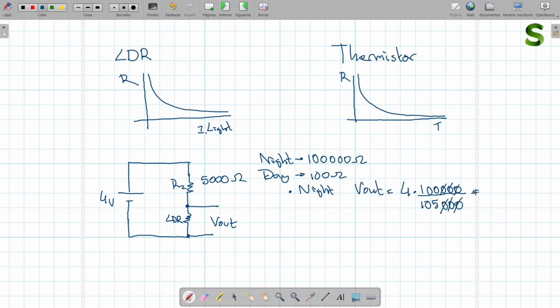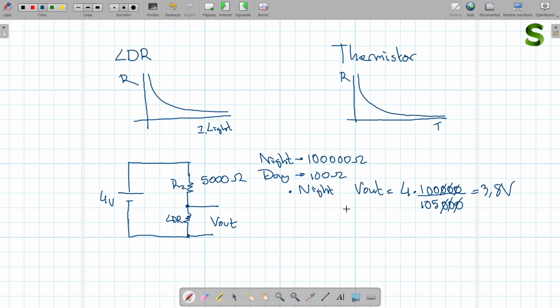That's 100 divided by 105 multiplied by 4, which is more or less 3.8 volts. Okay? So as you see, at night we have a high voltage, very similar to the voltage that we had in our battery.